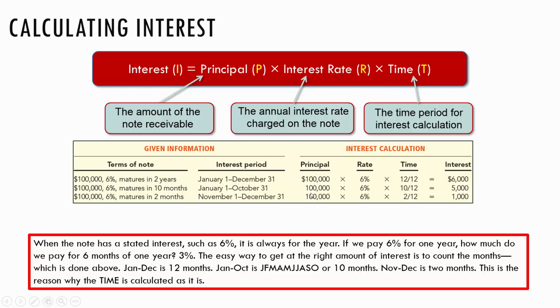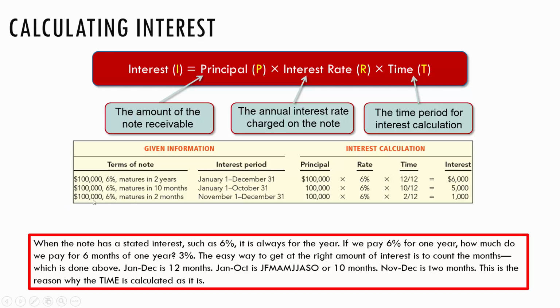Now, of course, they're going to pay us back the $100,000 at the end of October, which is their 10-month time period. But they're also going to pay us the $5,000 in interest, and they're going to pay us the $100,000 in principal at the end of the time period, October 31st.